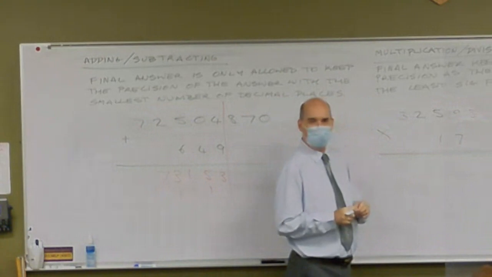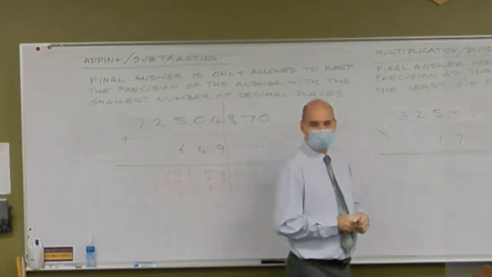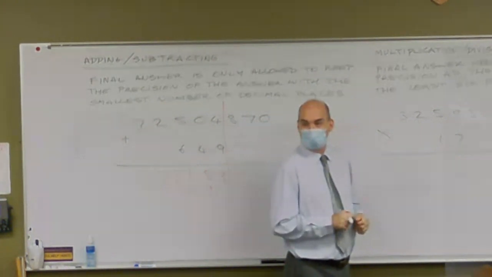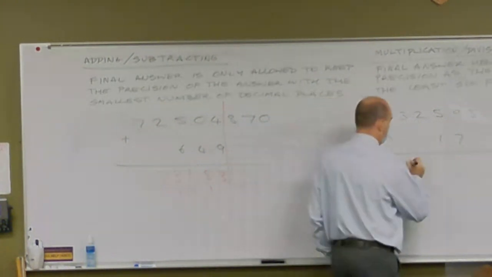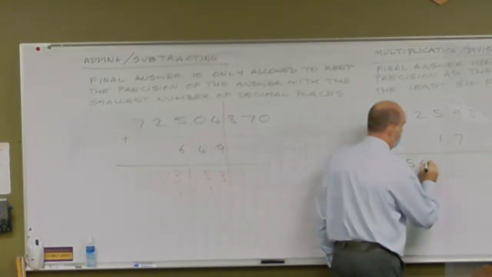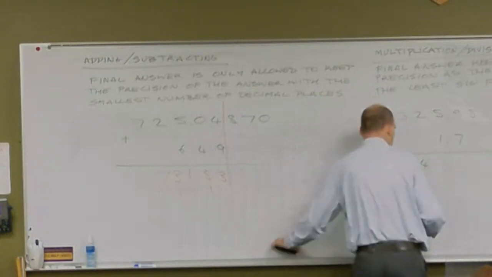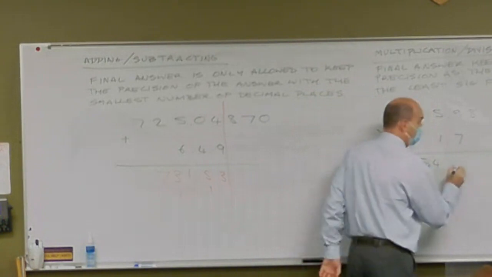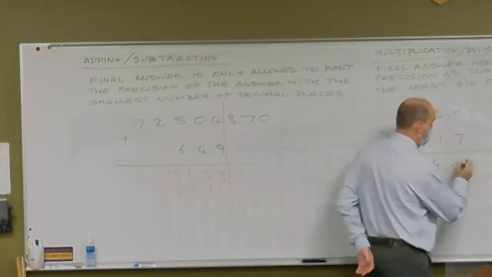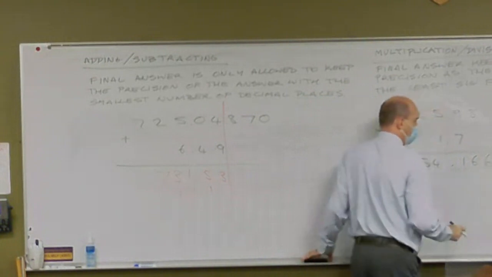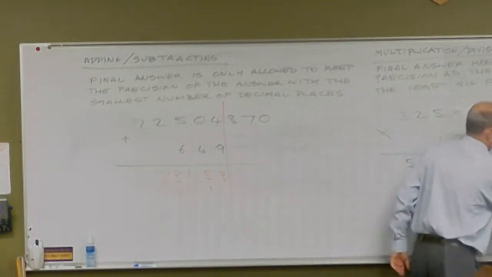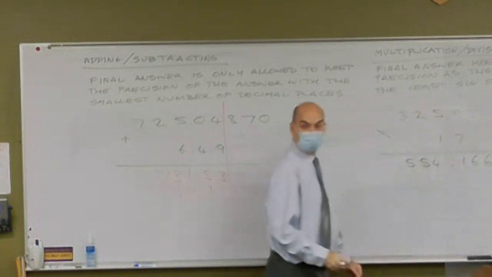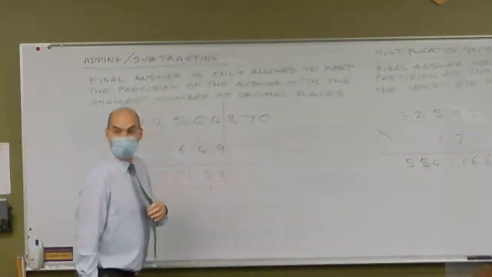Who's done it? Anybody done it? Somebody needs to do it. 550, okay. 554.166. Okay, we can all agree that that does not have 2 significant figures.